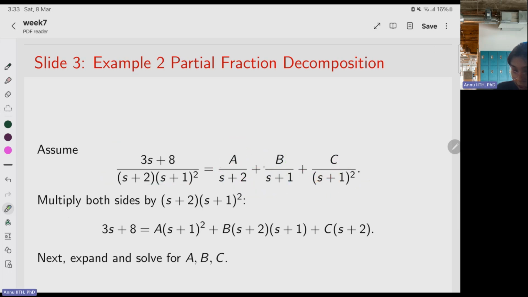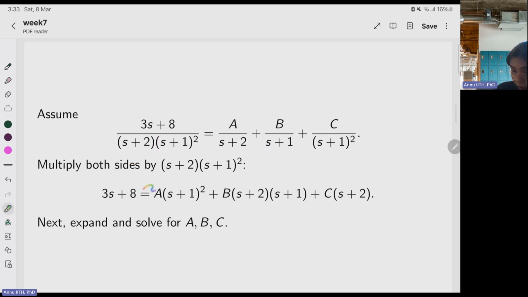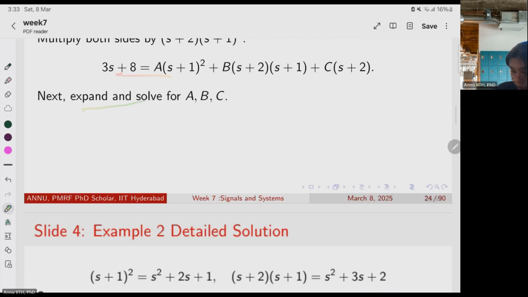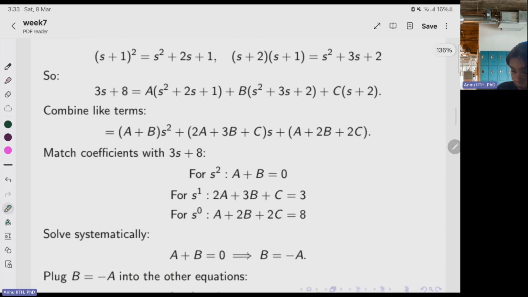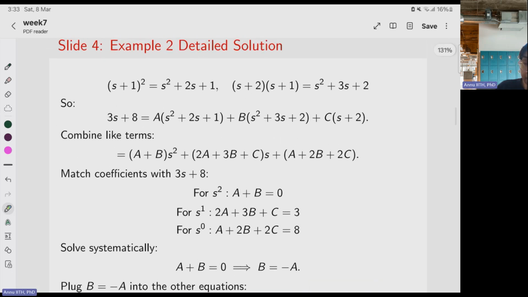And then equate and solve, because this is a well known formula for the inverse Laplace transform. Here I've given the detailed solution. Just see it like this. I'm not repeating because this is just maths.